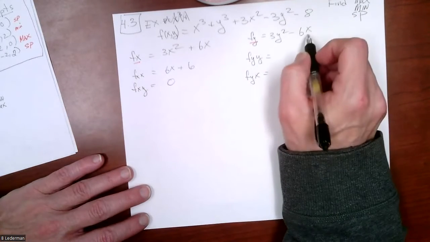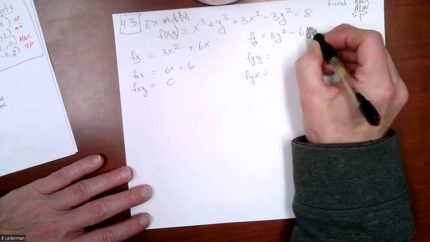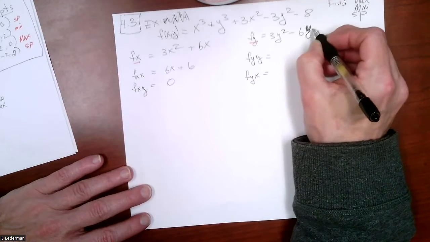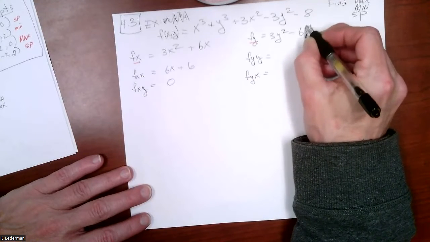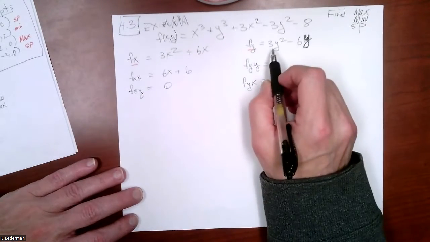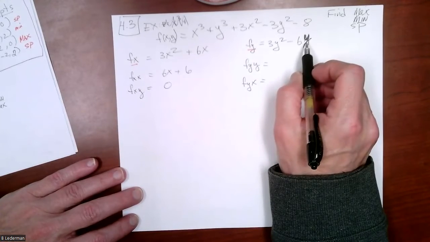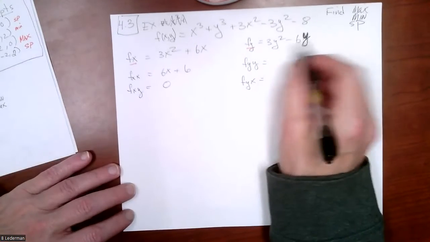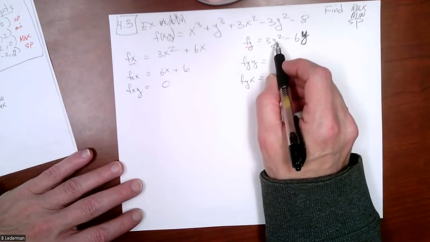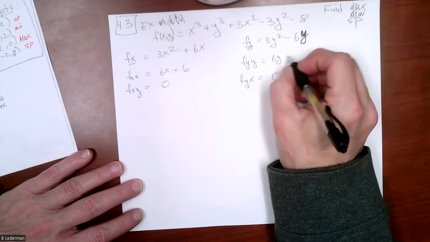I wrote minus 3x, but I got it from here, so that should be minus 3y squared. Fyx: the derivative with respect to x of this is just 0, because there are no x terms in there, so it's all constants. Fyy is the derivative with respect to y, so the derivative here is going to be 6y minus 6.